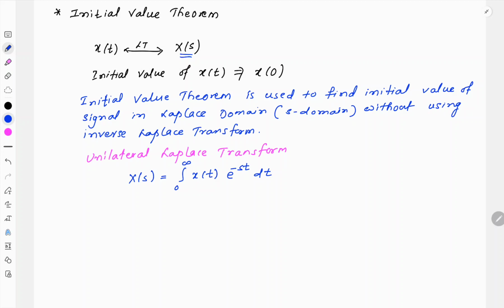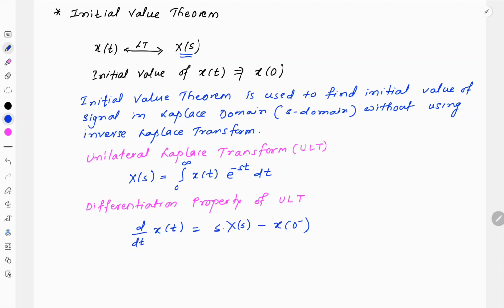Also we have the differentiation property of the unilateral Laplace transform: d by dt of x of t is equal to s into x of s minus small x of 0 minus. So this small x of 0 minus is nothing but our initial value of signal x of t in time domain.